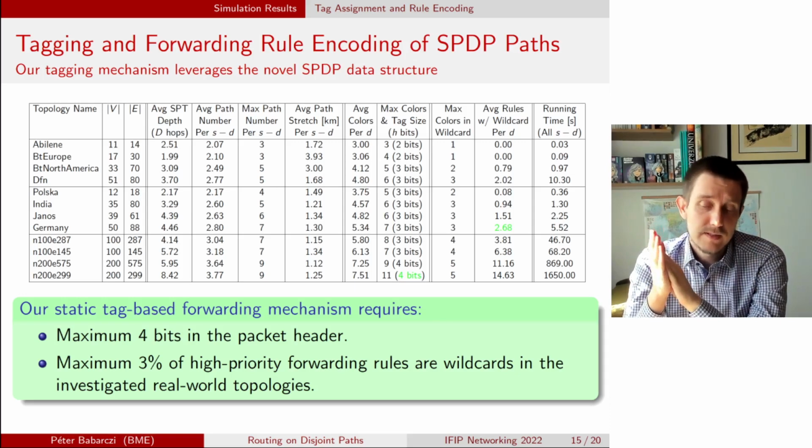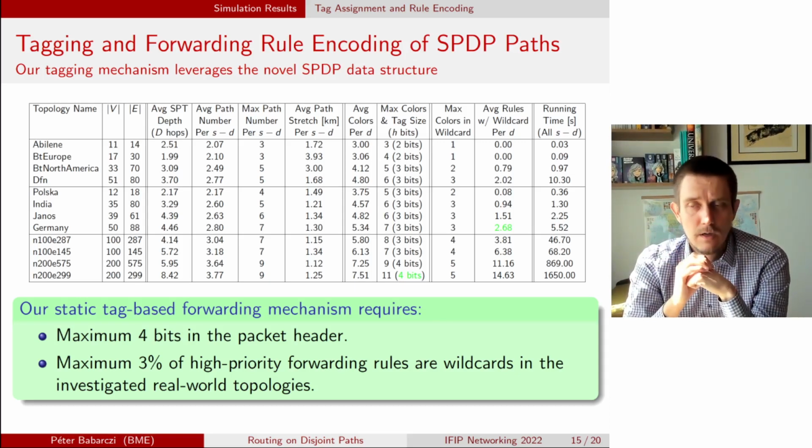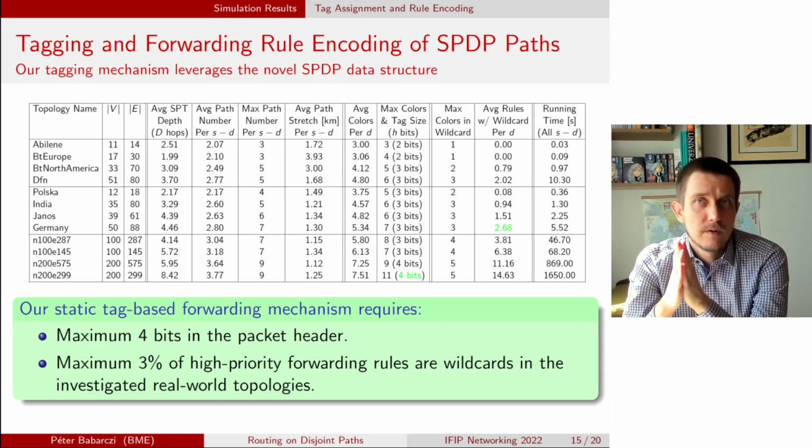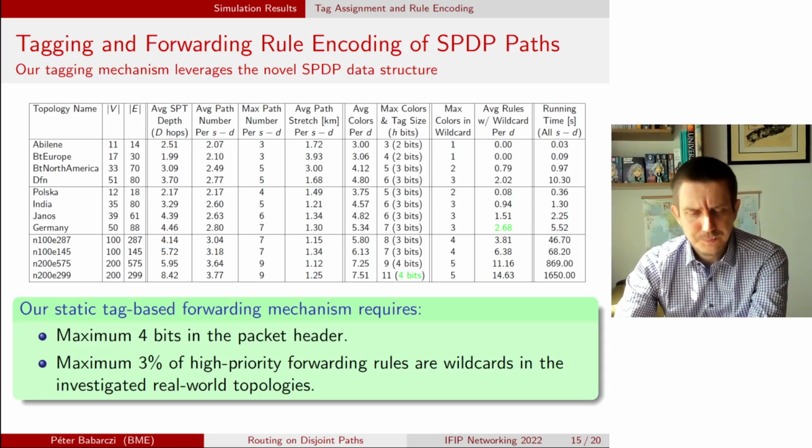Specifically, in our simulations, 4-bit length tag values were always sufficient to address these SPDP paths. Also, our observation was that in real-world topologies, only 3% of the match rules for the non-shortest path tree links are wildcard rules, which is a good sign because it's not fully compatible with current traditional routing methods.